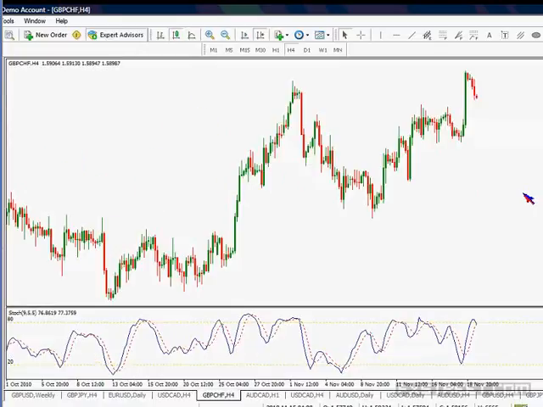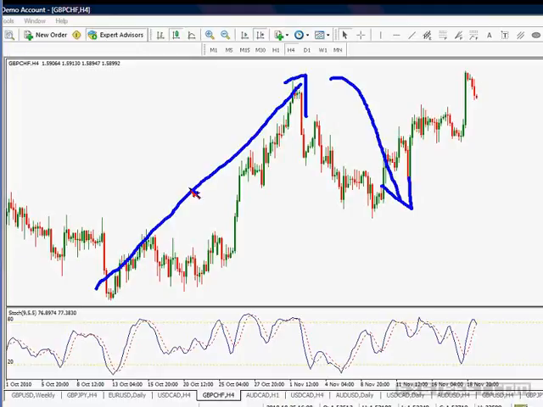Now, there is a standard Fibonacci retracement which everybody uses. Let's start off with the absolute basics. Price makes a move and then gives you a pullback, which is a very natural thing.